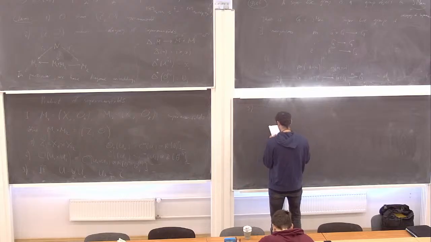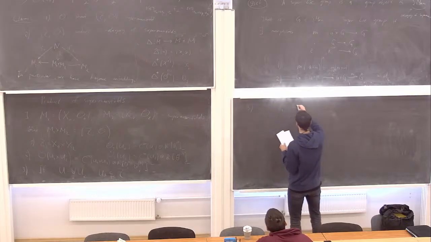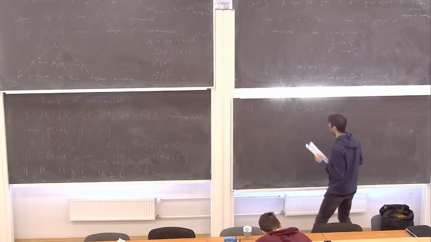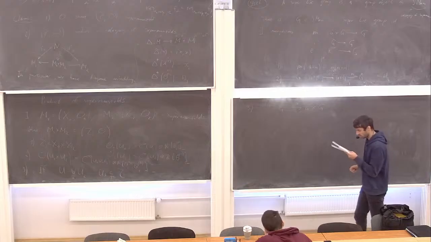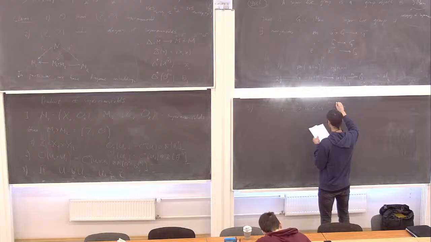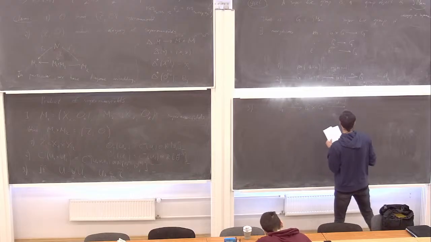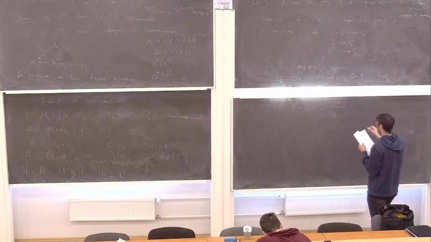This is where I need the diagonal map. So I use the diagonal to G times G. Then I use multiplication composed with ID, say, well, let me invert the second one, ID times inversion, to G.